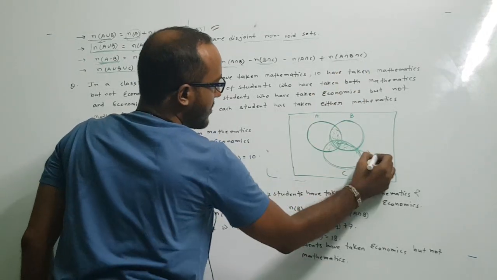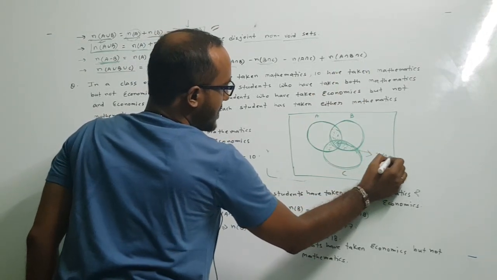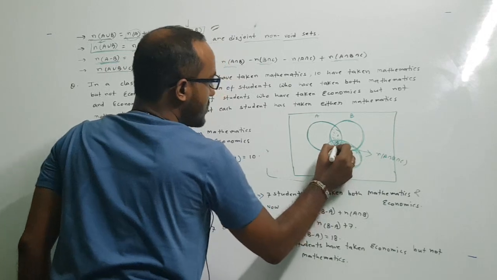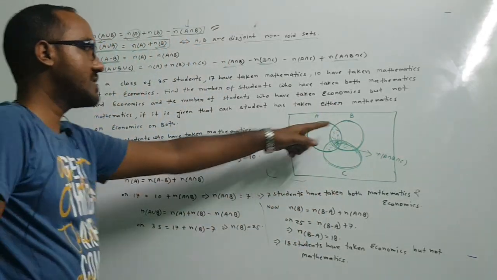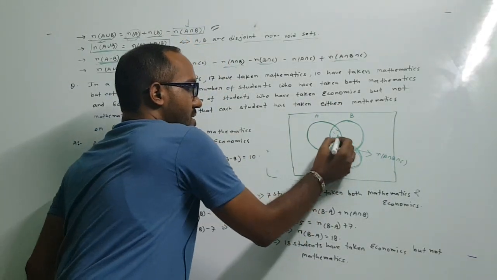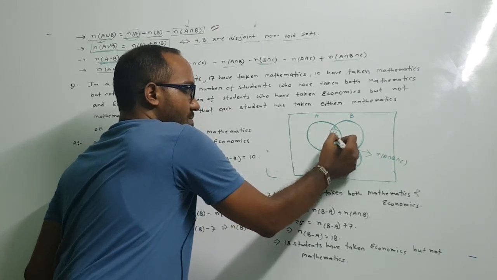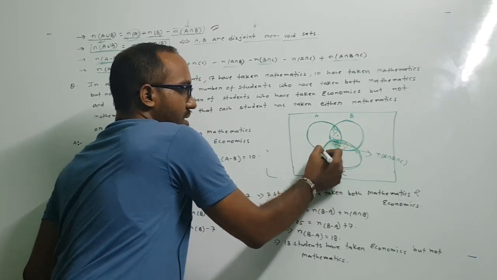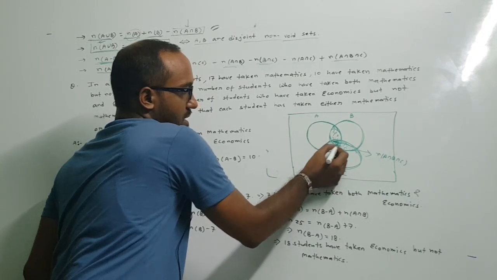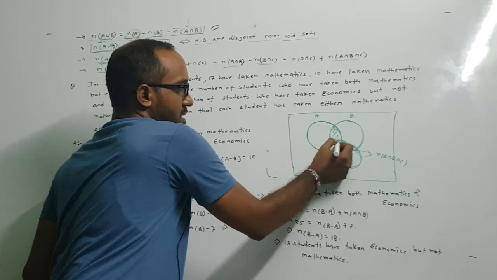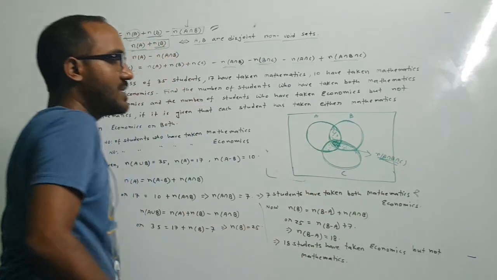So this is n of A intersection B intersection C. That means common to three sets is this part. n of A intersection B is only this part. n of A intersection C is this part. n of B intersection C is this part. This part is n of A intersection B intersection C.